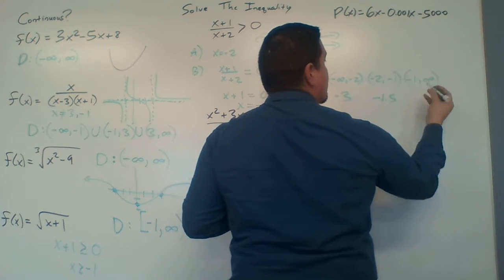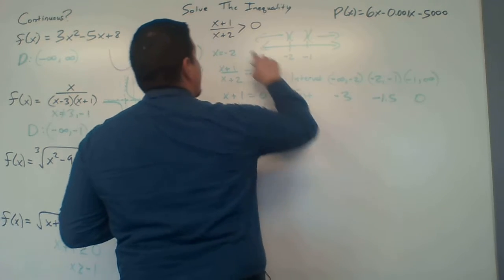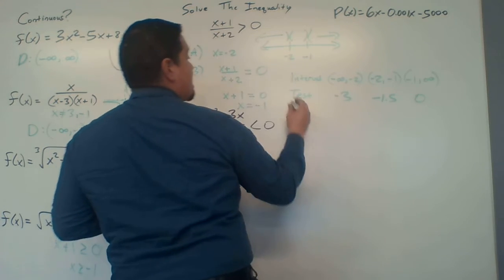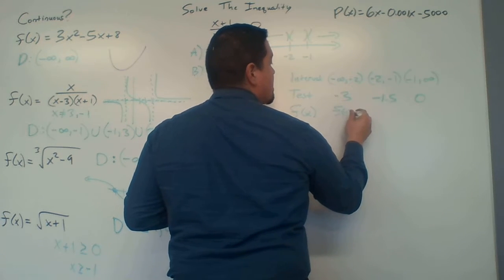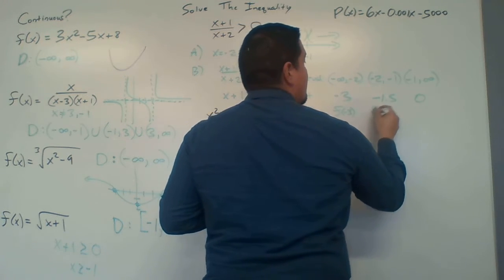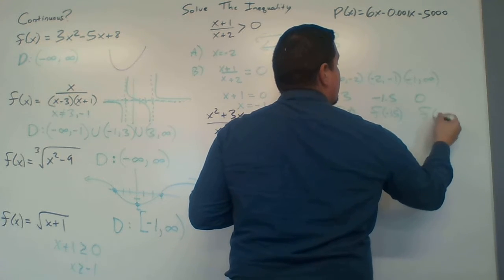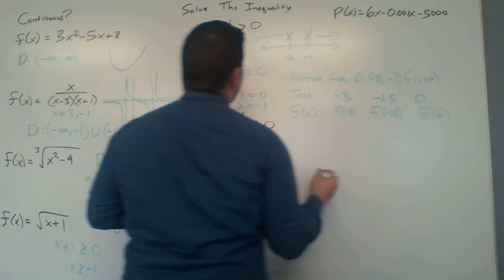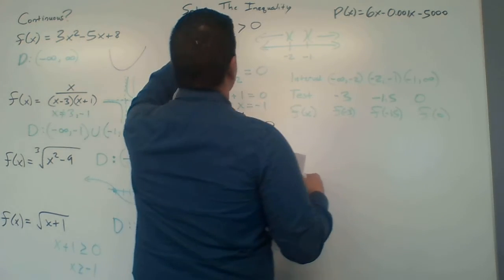And then what's in here? 0 is a nice number. And then what you're going to do is, again, this is f of x. I'm going to plug those in. So we're going to plug in f of -3, f of -1.5, and f of 0. We'll figure out what those are. And you can use your calculator. Feel free to do that. I'll just do it here.